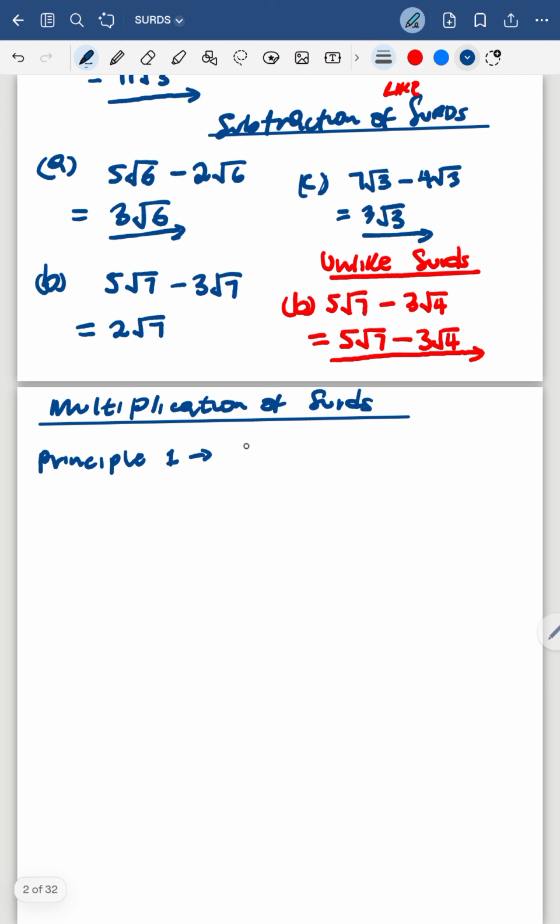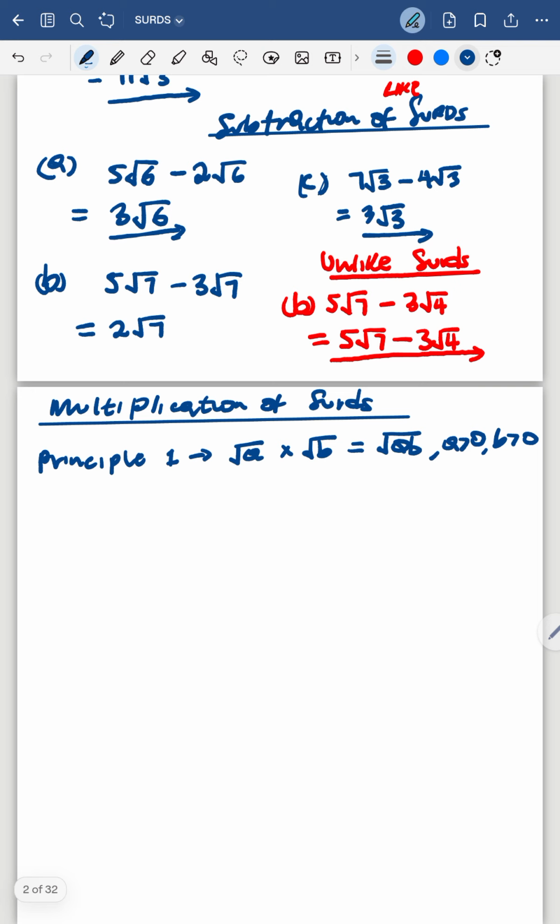It says, if you have root A multiplied by root B, it's going to be root AB, where A is greater than 0 and B is greater than 0. They are both not negative, they are positive.